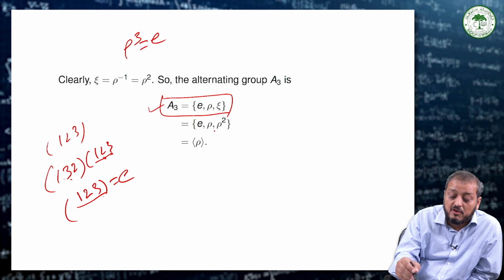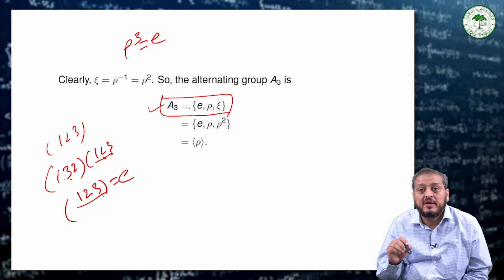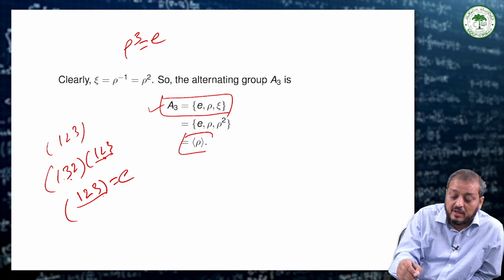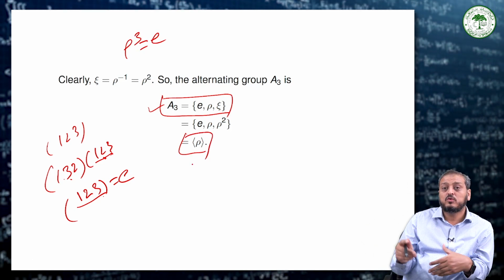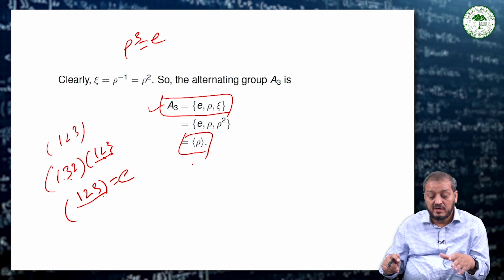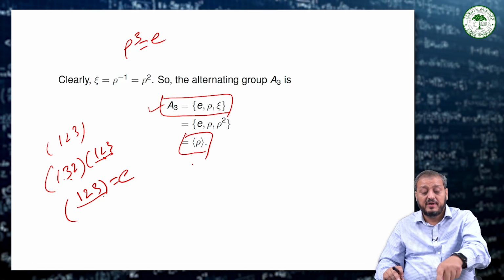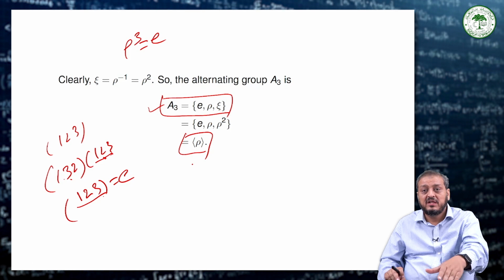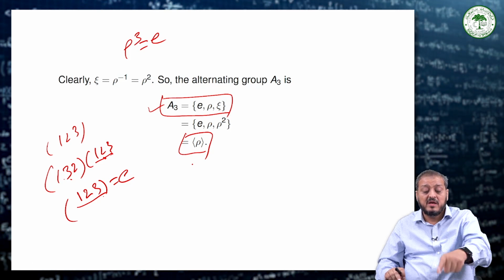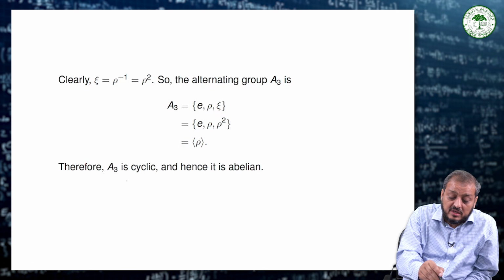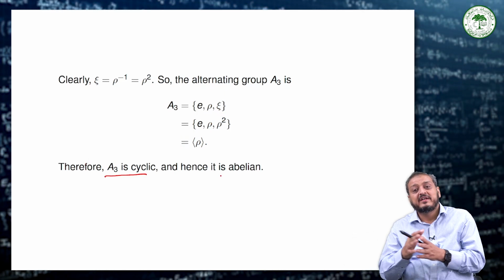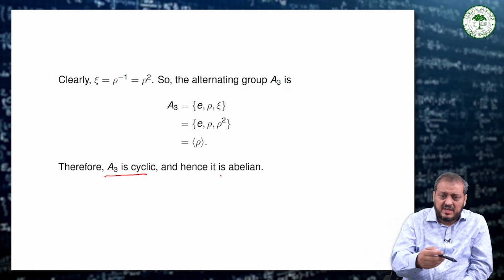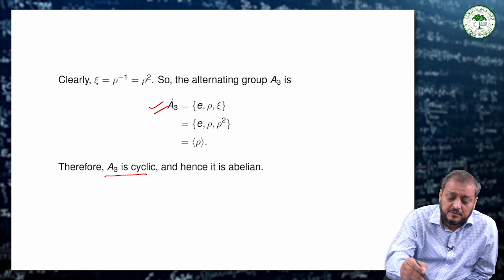So, this means this whole group A3 can be generated by this rho. With rho we can generate rho square, and rho to the power 3 is equal to identity. So, the order of rho is 3, and that means we can say that A3 is a cyclic group, and every cyclic group is abelian.